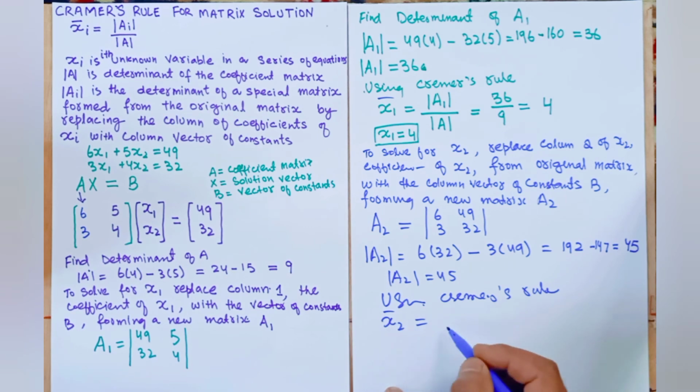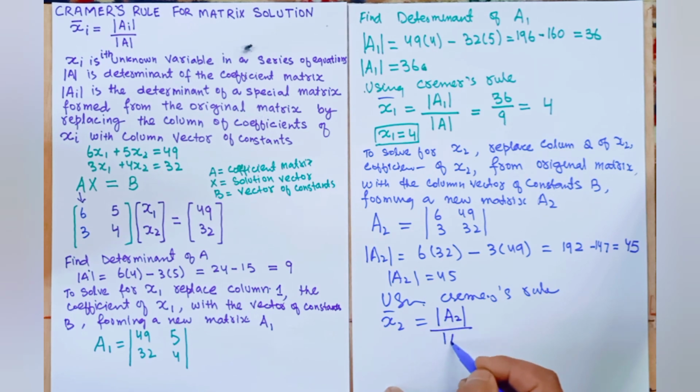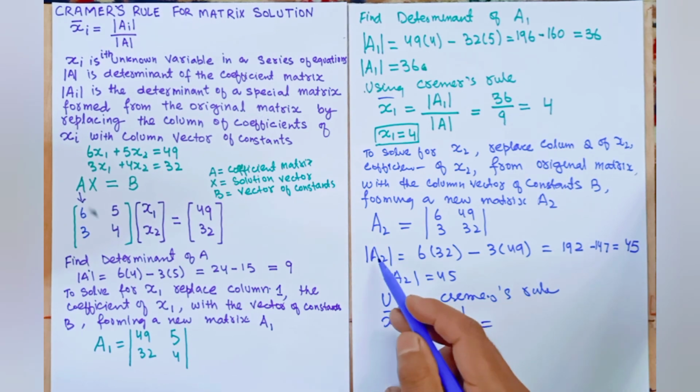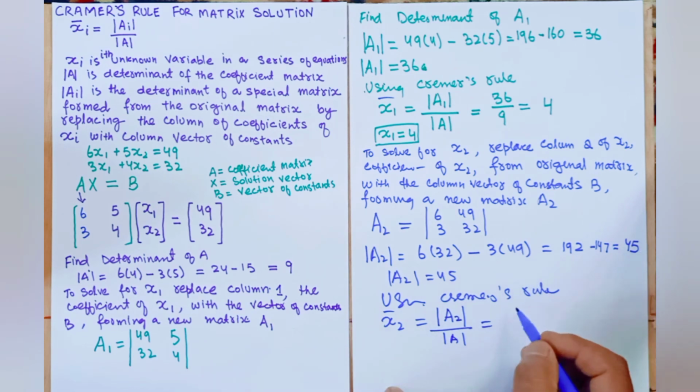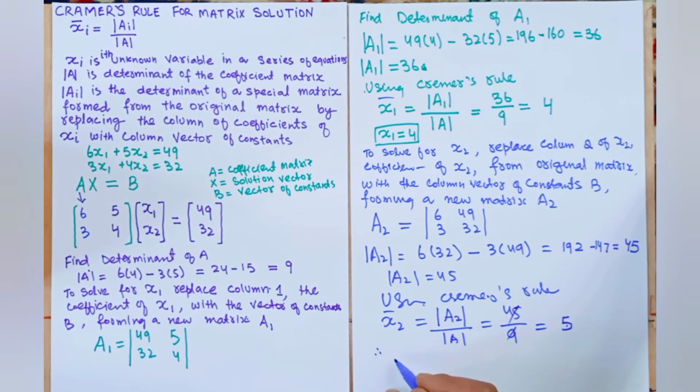Now x2 will be equal to the determinant of the special matrix A2 divided by the determinant of the original matrix. The determinant of the new matrix was 45, divided by the original determinant, that is 9. Now 9 fives are 45, so this will be 5, which implies x2 is equal to 5.